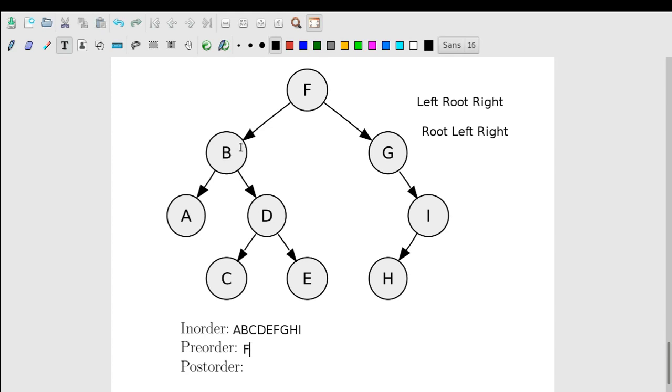So it will call B, root, left, right. So left is A. It can be printed since you don't have any other nodes remaining. Root, left, right. Right won't be printed since you have some nodes remaining.